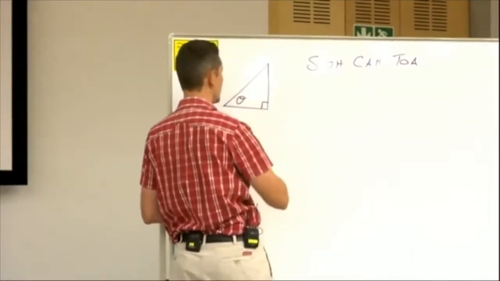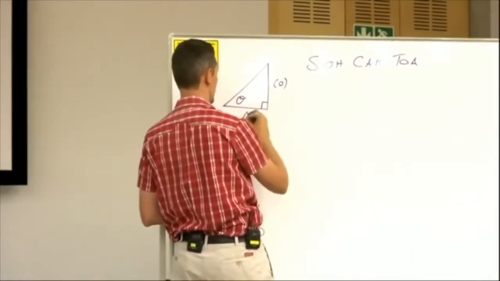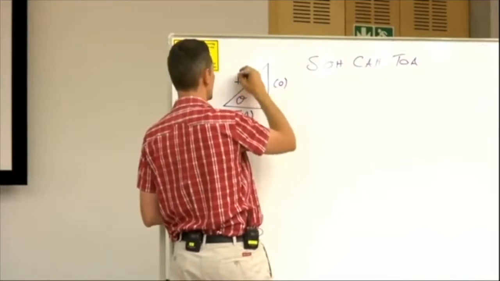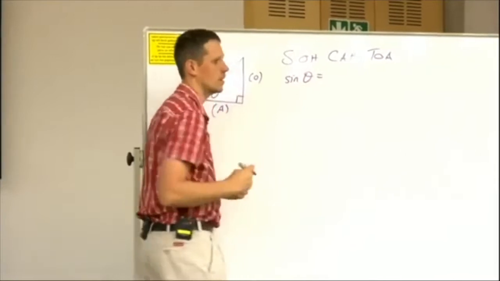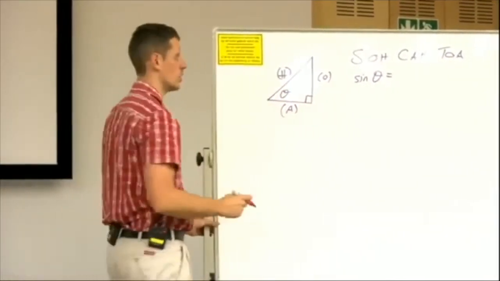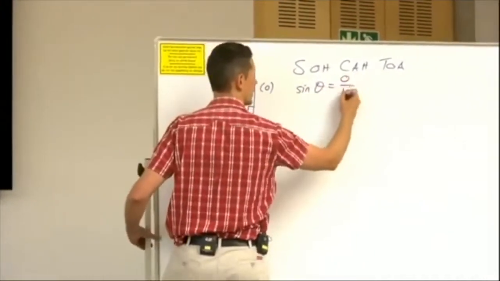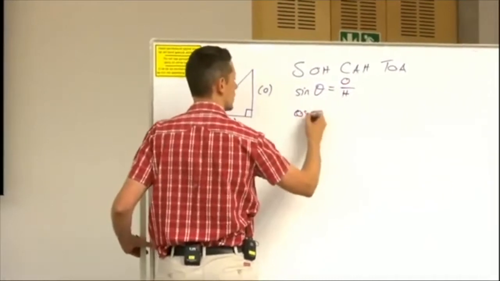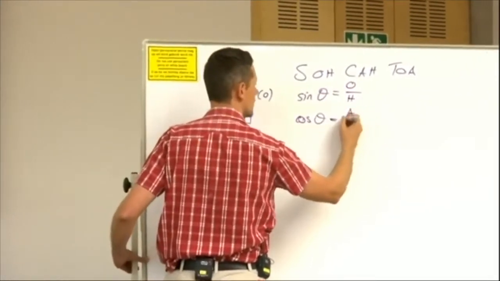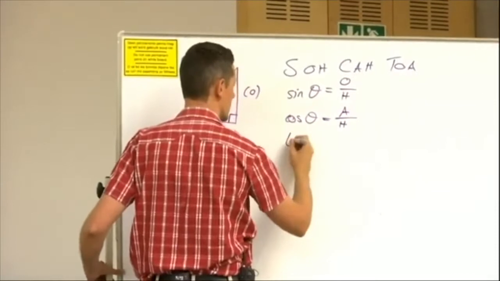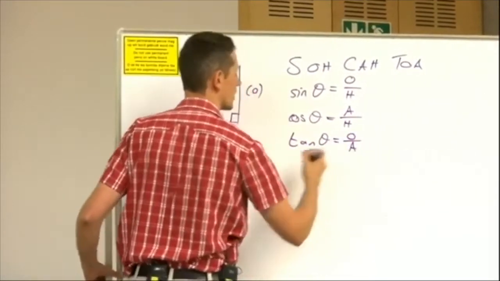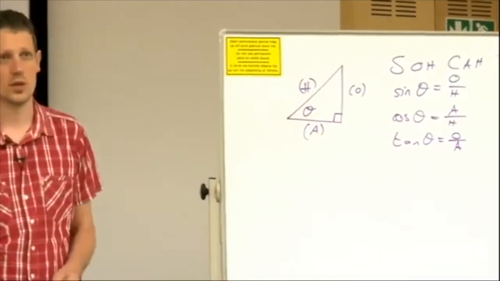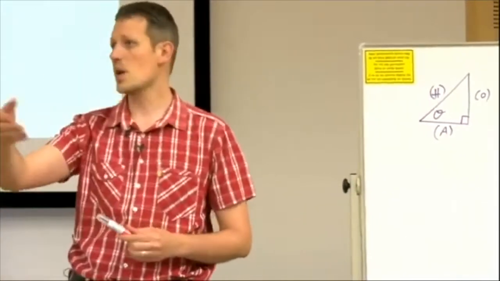That if I'm looking from theta with opposite, adjacent, and hypotenuse, that sine of theta is equal to opposite over hypotenuse. Cos of theta is adjacent over hypotenuse. And tan of theta is equal to opposite over adjacent. Okay, you guys know this, hopefully, well at the moment.